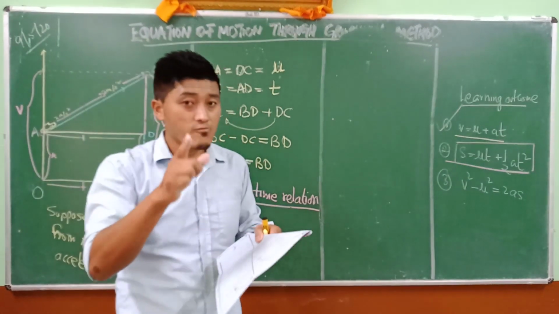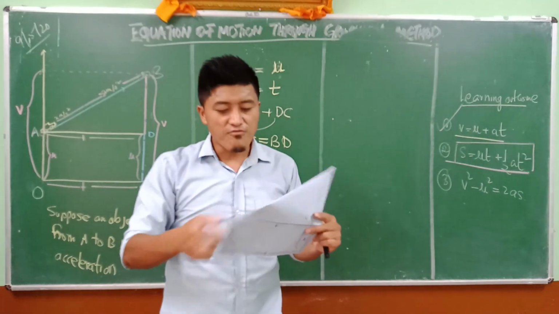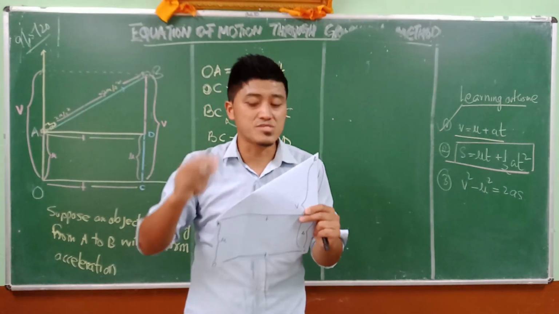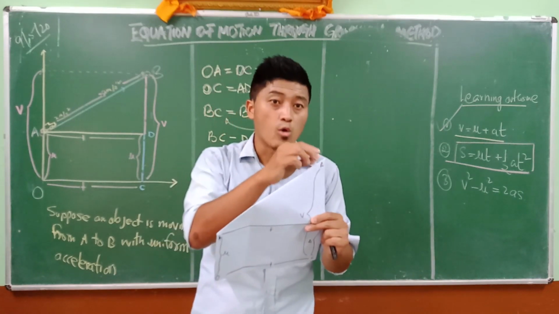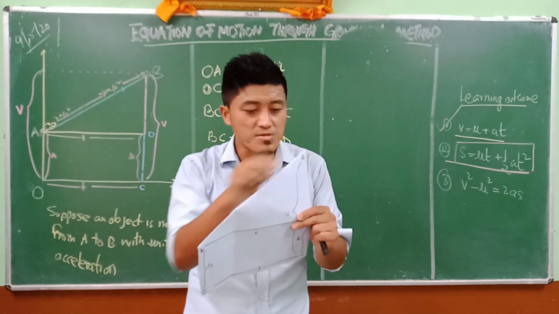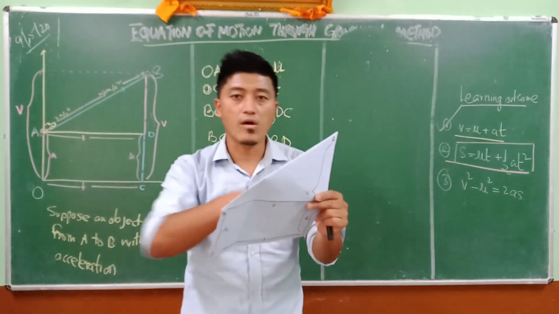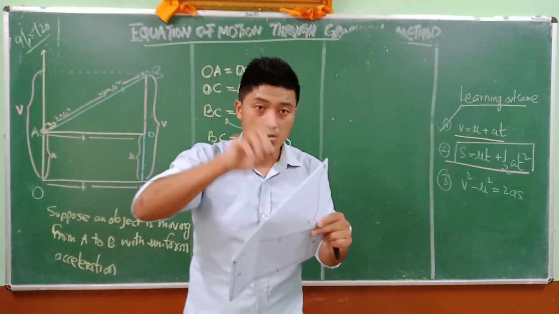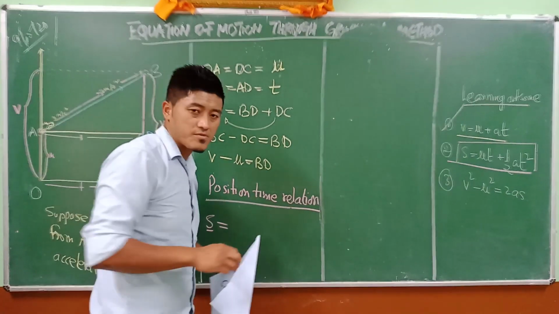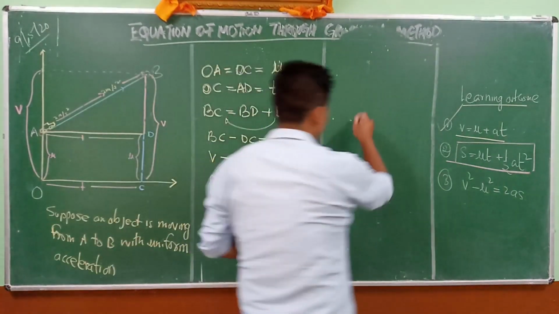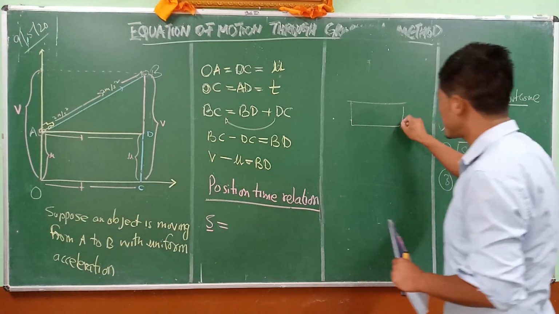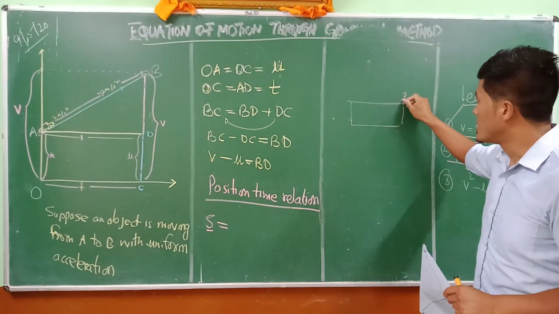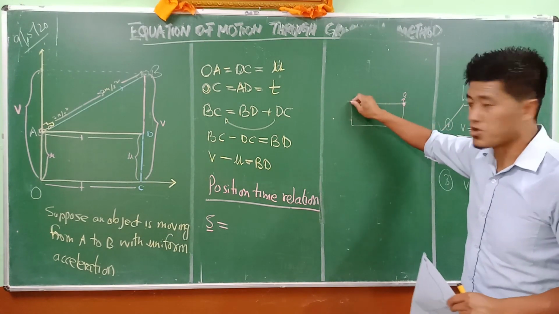So what we have to understand is that when the object is covering some distance with direction from A to B, we have to assume that this should be equal to the area of that particular graph here. For example, there's a hole here, and a person is running on top of it, from this point to that point.